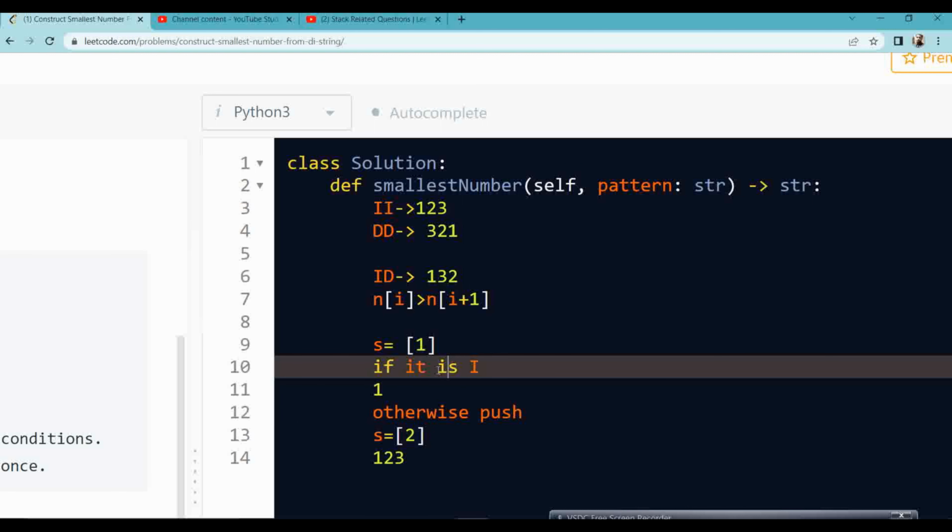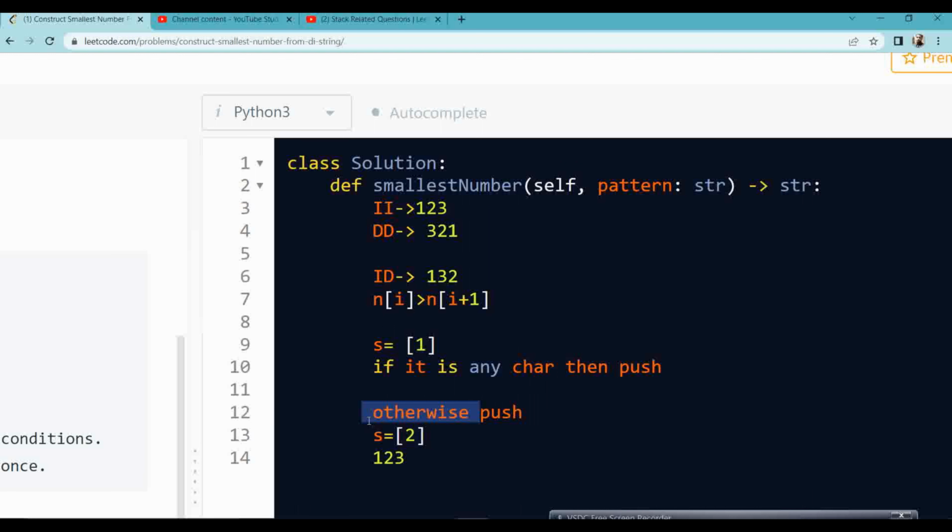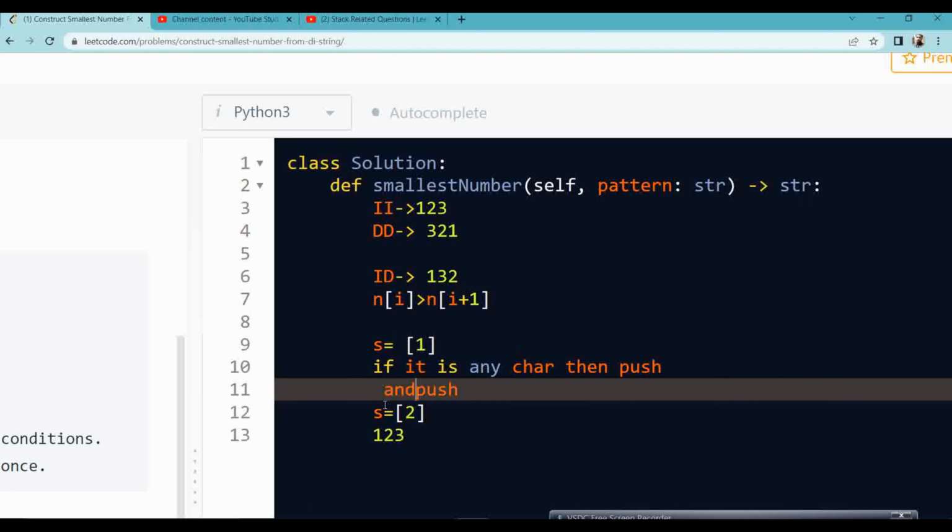If it is any character, then push. So just focus on the two points: if it is I, then pop, otherwise push.